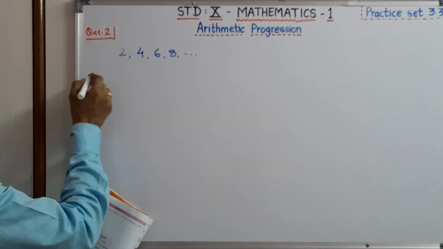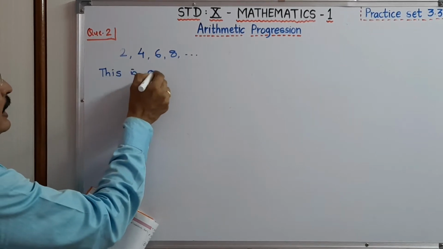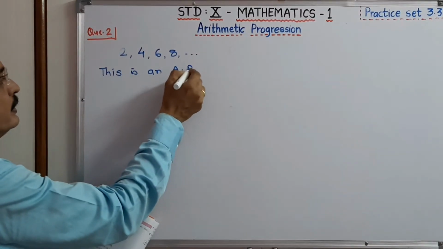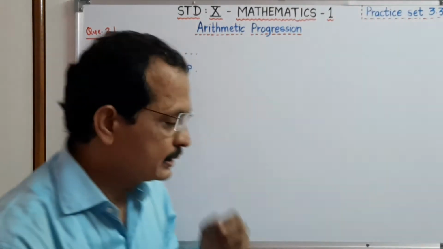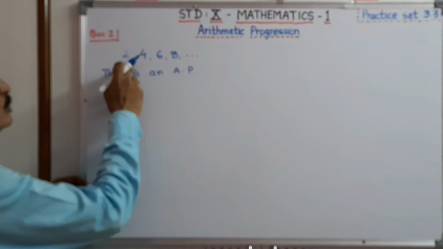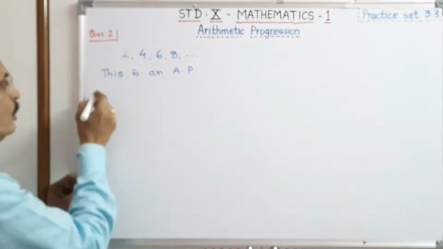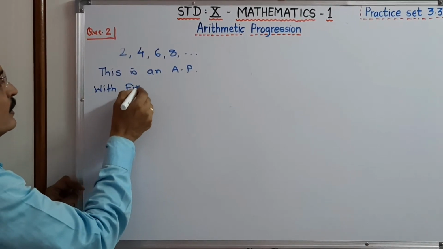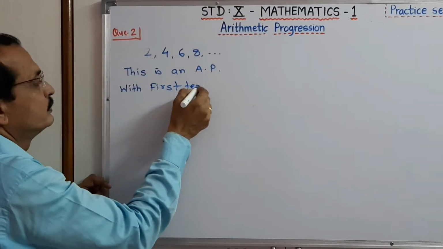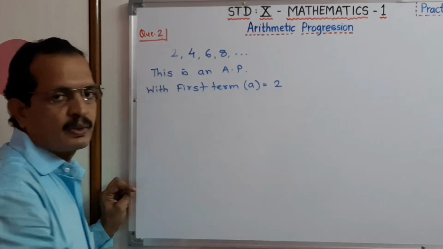Now see here, this is an AP, isn't it? The even natural numbers 2, 4, 6, 8 and so on. This is an AP with first term, that is a, equal to 2.